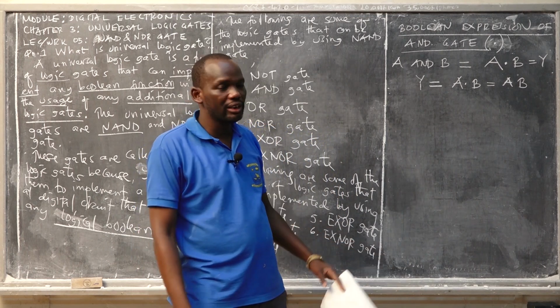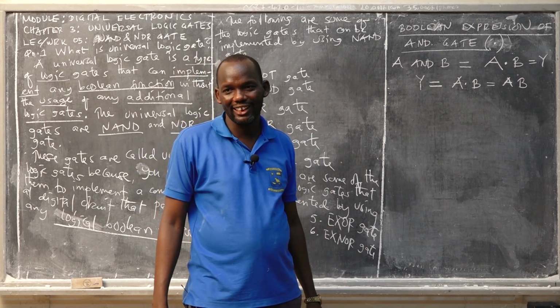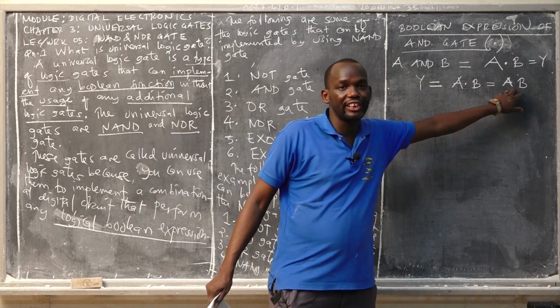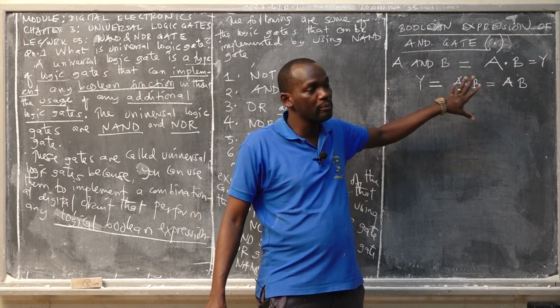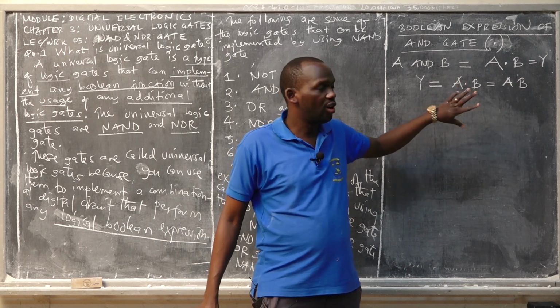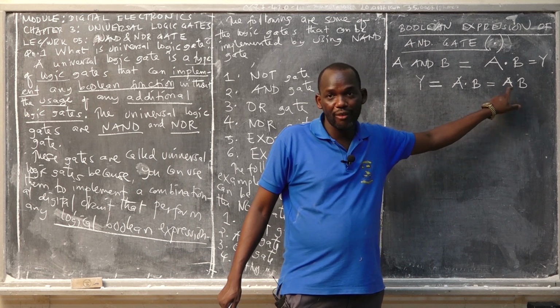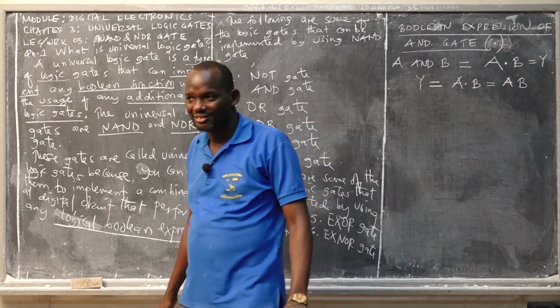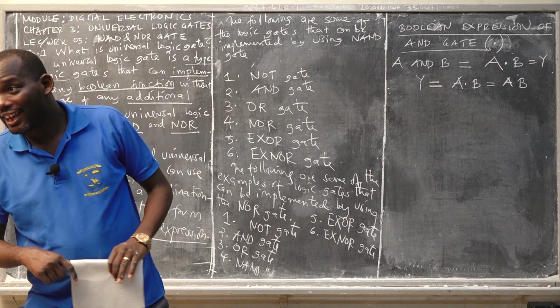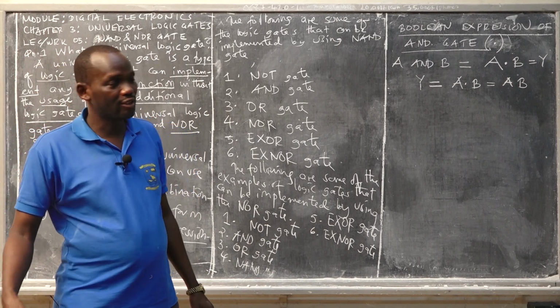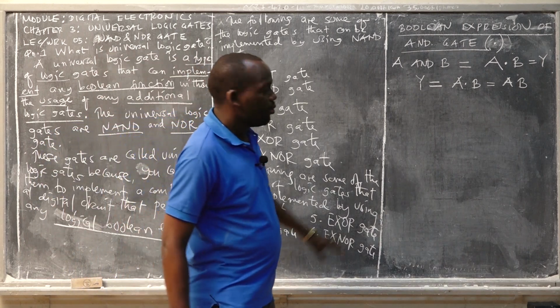Whenever you see a Boolean expression like this one, whether for 2 inputs, 3 inputs, or 4 inputs, you have to know that in between A and B we have an AND gate. Should I repeat?